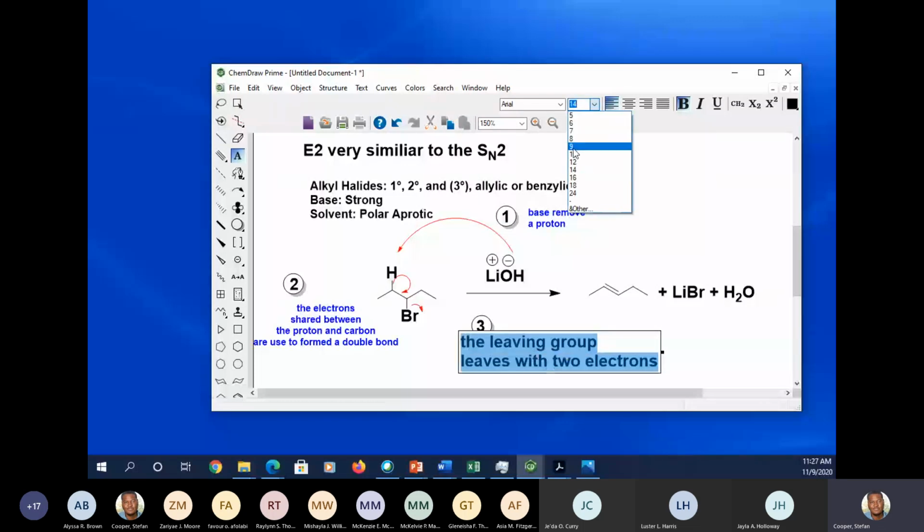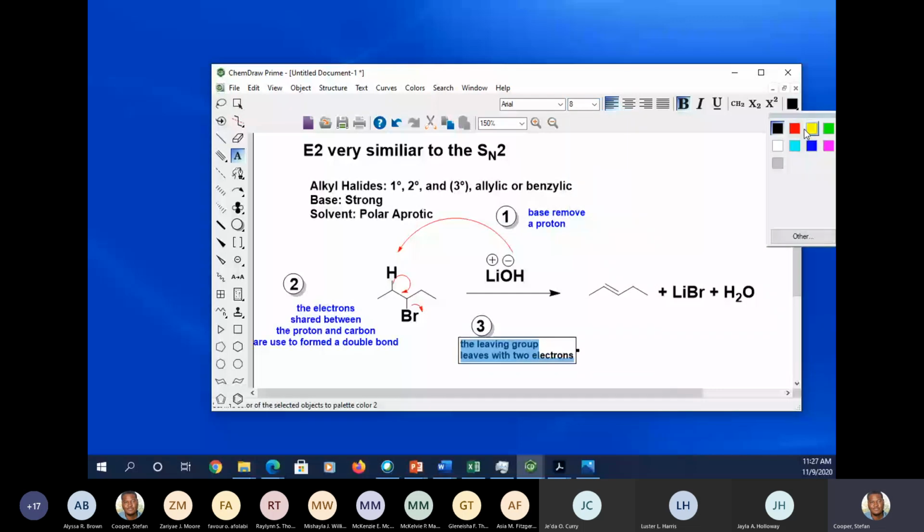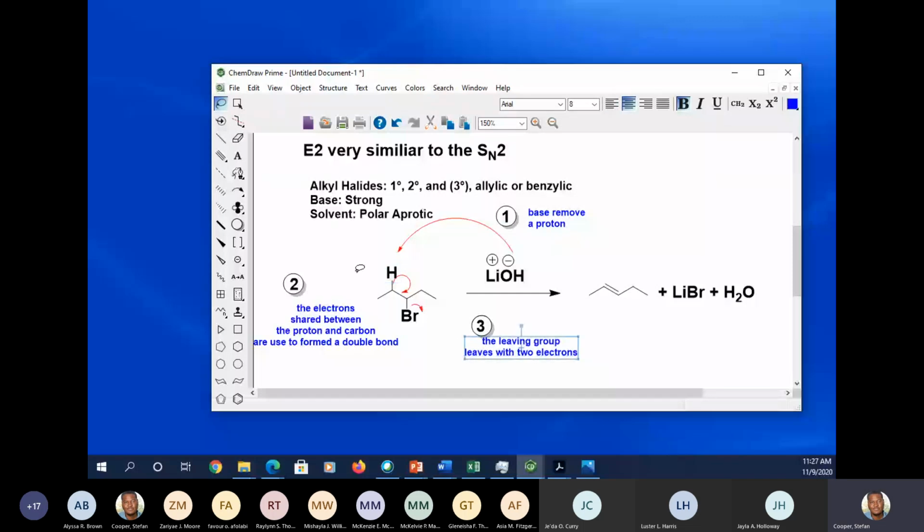All right, so let's try to review really quickly before I move into the other type of elimination. I want to make sure you guys know that these are not necessarily steps, but this is the best way that I can try to explain the arrows. So maybe I shouldn't say 1, I'll call this 1B and 1C. These are all happening at the same time.